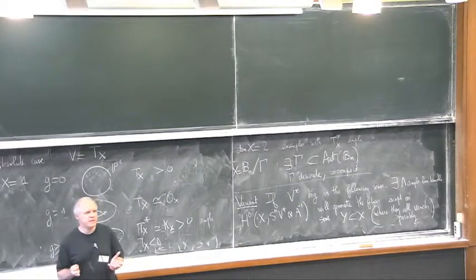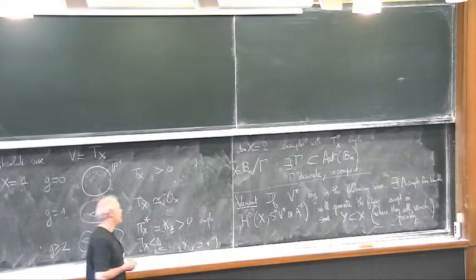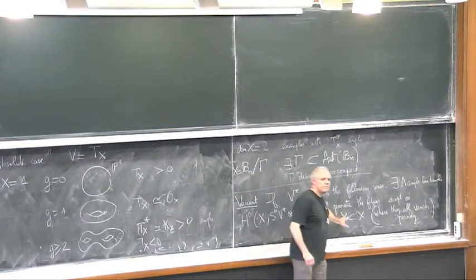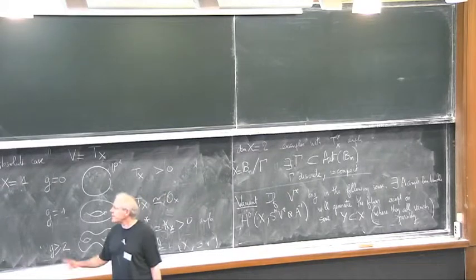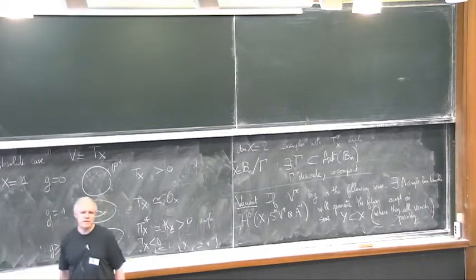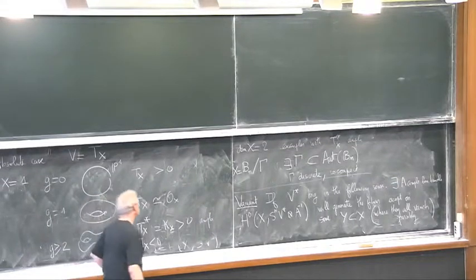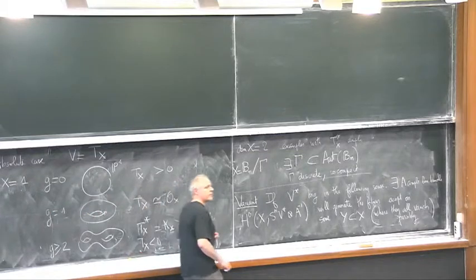So your Finsler metric still has a strictly positive curvature, but it vanishes along that Y. So the only thing you can conclude now is that, in fact, the entire curves will be contained in Y. So you have essentially the same conclusion, but it's not completely hyperbolic.